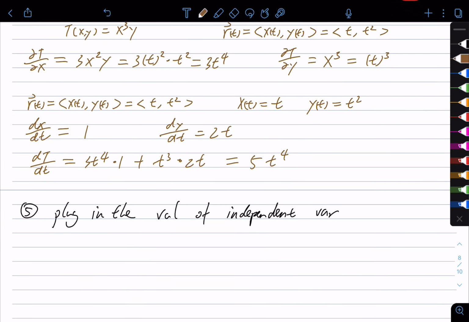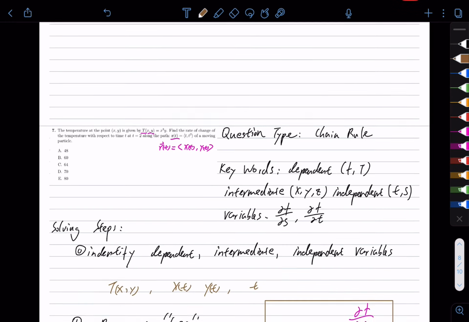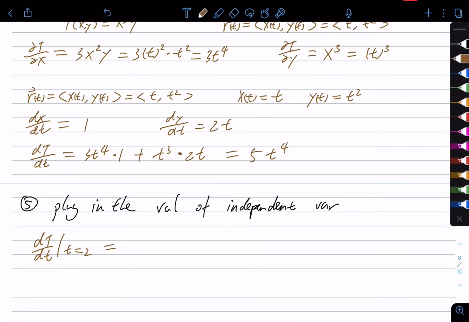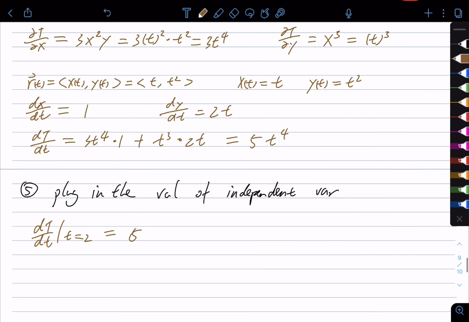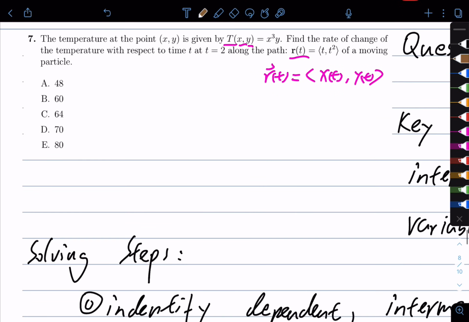So in our case, the derivative at t equals 2 equals 5 times 2 to the fourth, that's 16. 16 times 5, that's 80. And then that should be the correct answer.